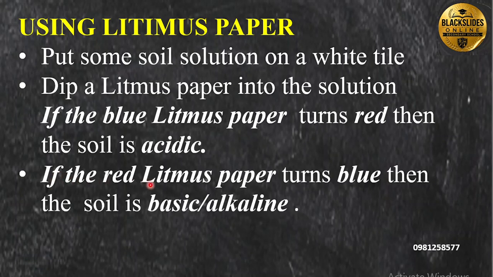But if the red litmus paper turns blue, just the opposite, then the soil is basic. So a basic soil sample will turn red litmus paper blue, while an acidic soil sample will turn blue litmus paper red. That's using litmus paper.